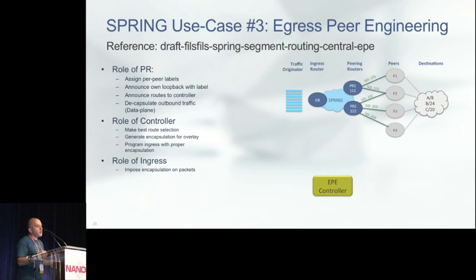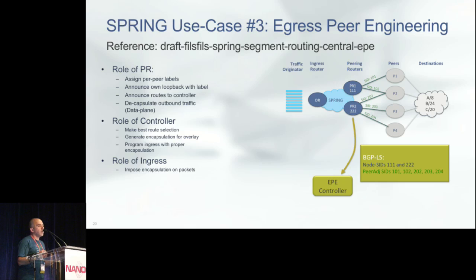So the way Spring would do that, described in detail in this purpose-built draft, in this kind of solution you have three main components: the peering router, the controller, and the ingress. Most of the functionality is in the peering router. The peering router would use Spring to allocate segments to these peers. There are going to be individual, unique segments to each peer. Those are going to get announced to the controller.